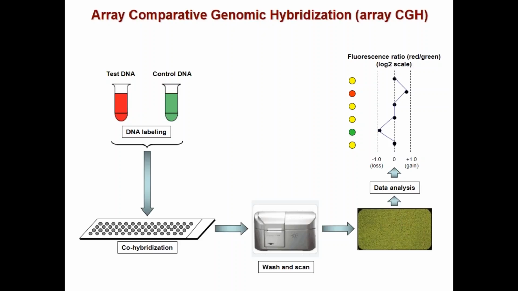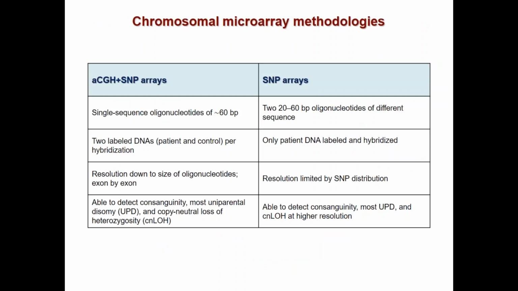Now, it's important to determine why you are running the test. Because if you are running the test in a clinical setting to look for pathogenic CNVs, this can be slightly different from running the test in a research study to look, for example, at predisposition for, let's say, hypertension or diabetes.